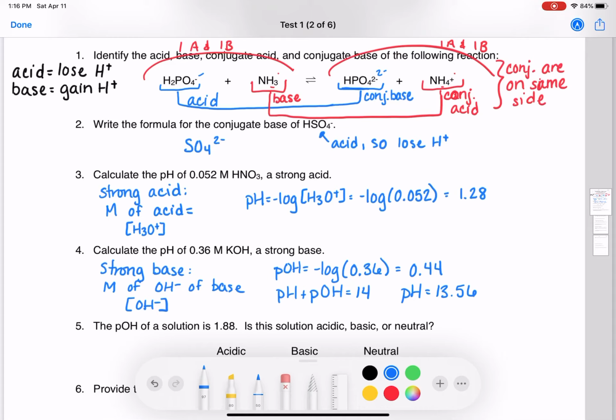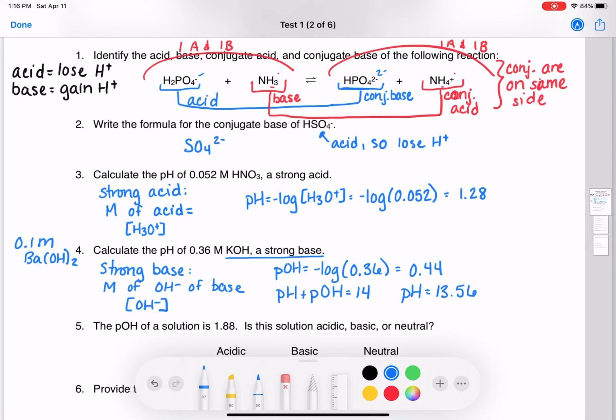And the only time that you have to be kind of careful with strong bases is that there are some strong bases that have two OHs on them. Like you could have this guy right here. That's a strong base. So let's say that we had a 0.1 molar barium hydroxide solution.